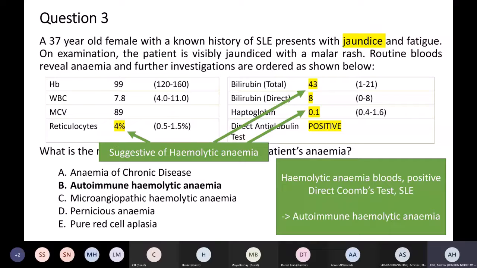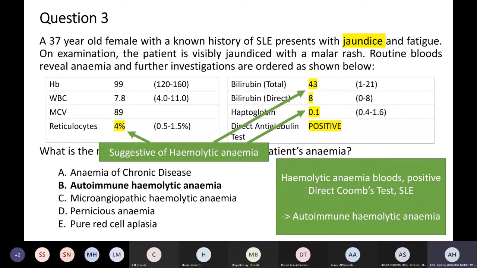The blood tests themselves are very suggestive of autoimmune hemolytic anemia, which is B. I've put these annotations to show you that this patient most likely has a hemolytic anemia of some kind, especially with jaundice.